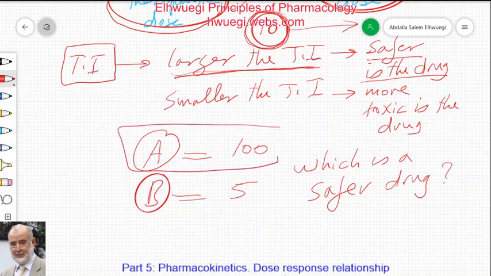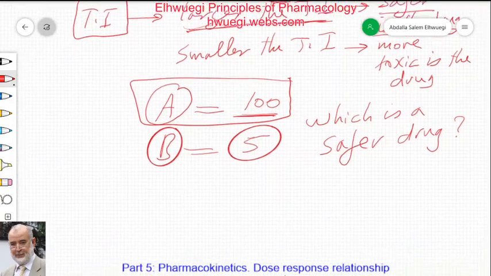Drug A is safer. Why? Because I have to increase the therapeutic dose 100 times before I can get toxic effect. But for drug B, I have to increase the dose only 5 times to get the toxic effect. Okay?